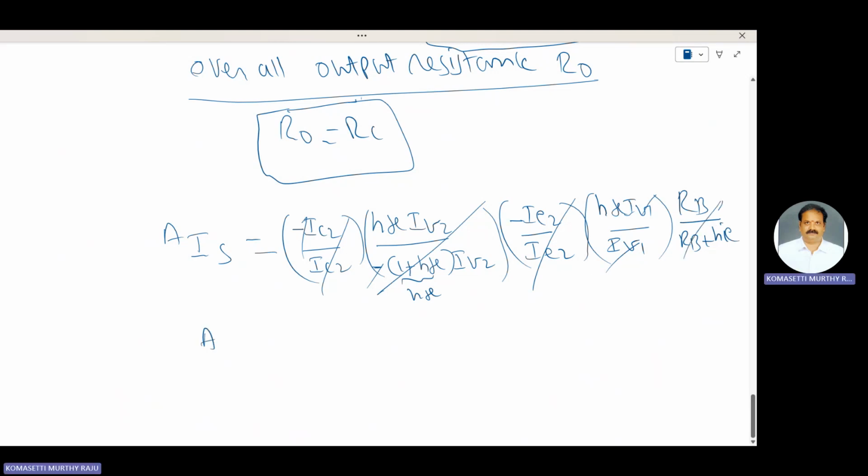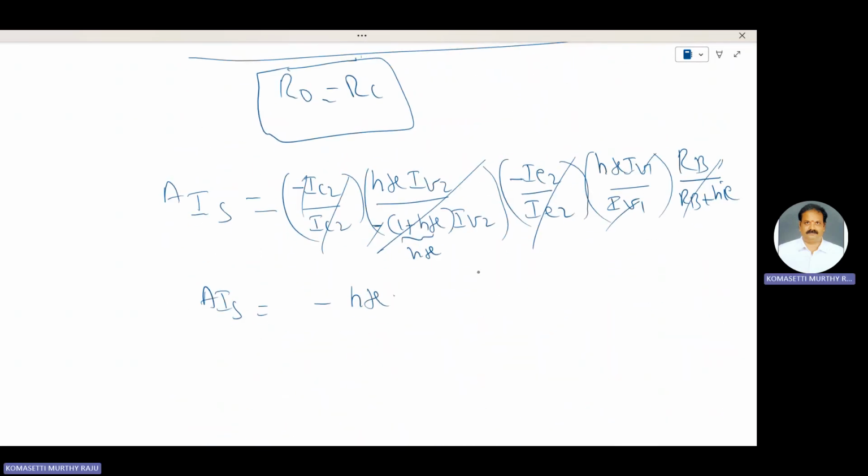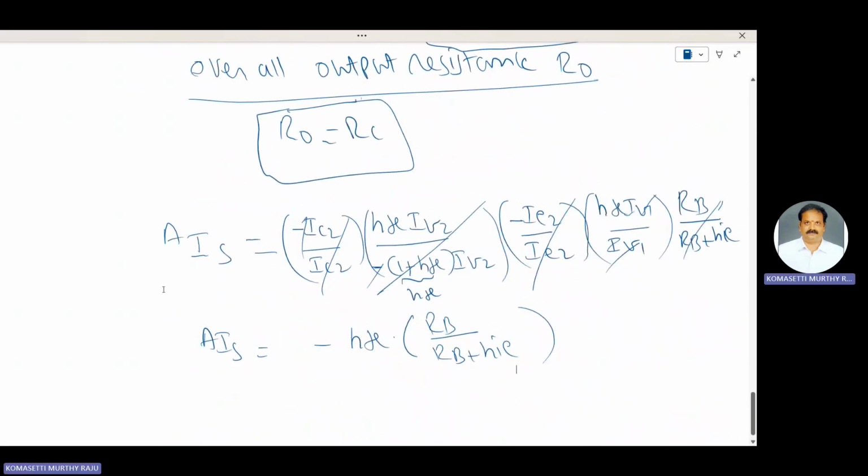Finally, AIS is equal to minus HFE into RB by RB plus HIE. Current gain included with the source resistance.